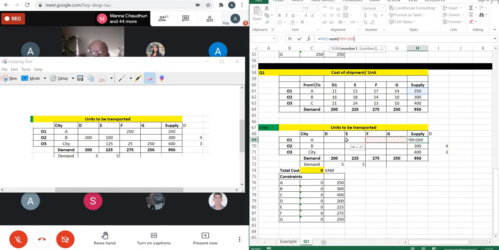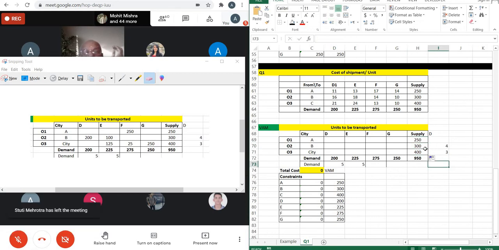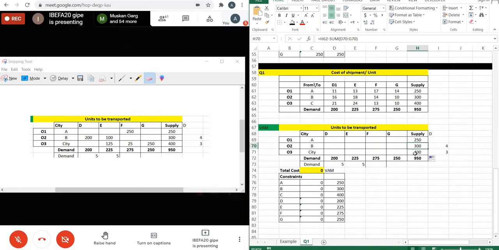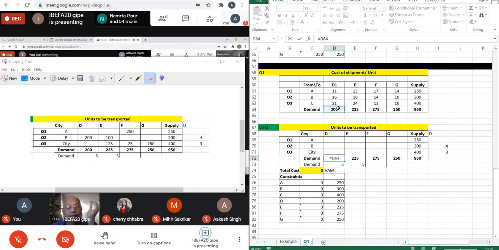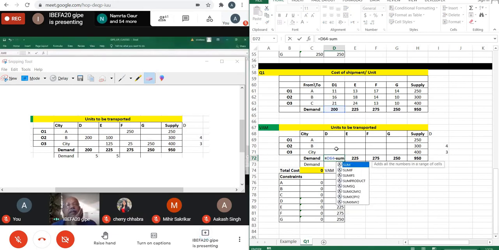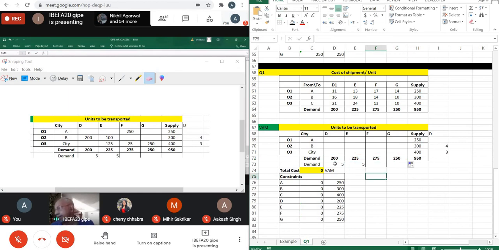Okay, let me start working now. This is the initial setup, 3 by 4, 3 origins and 4 destinations.